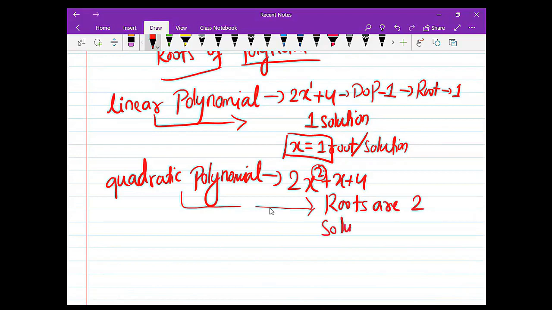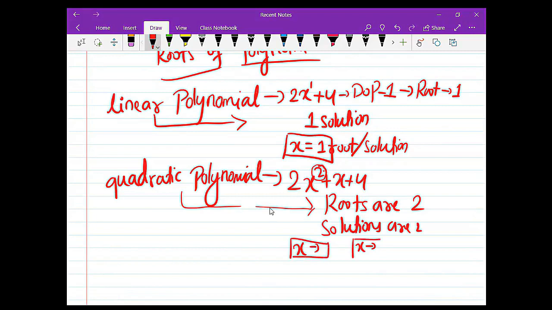Okay, solutions are 2. It means that the value of x or roots of the polynomial has two values. Okay, one x and another x value. Okay, we have here two values.